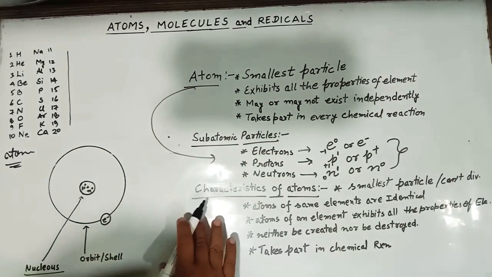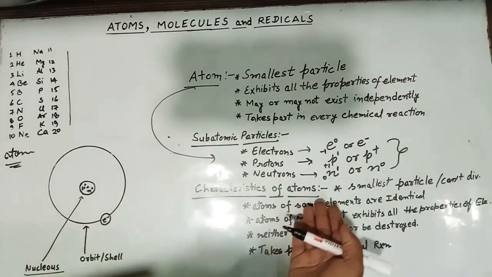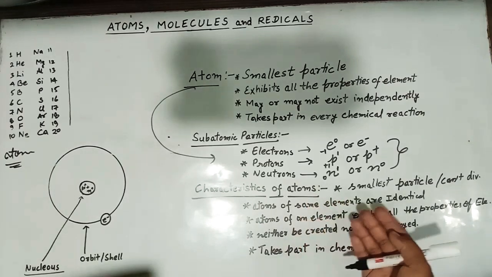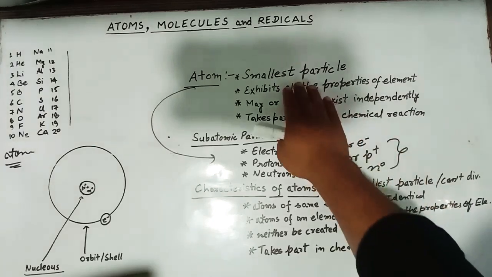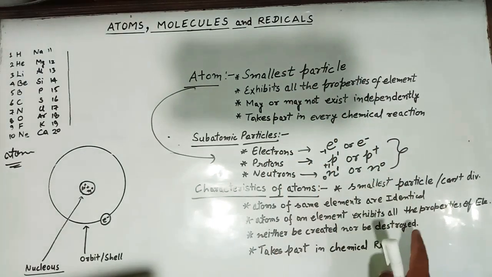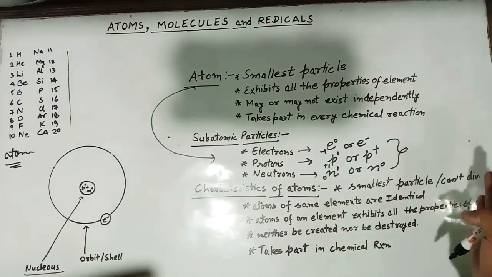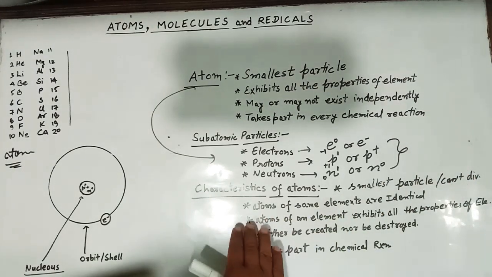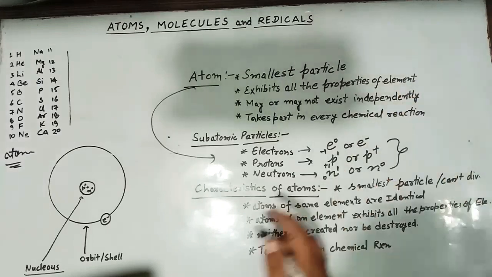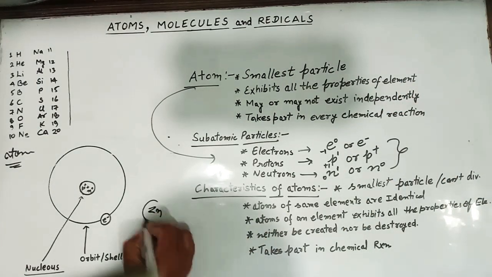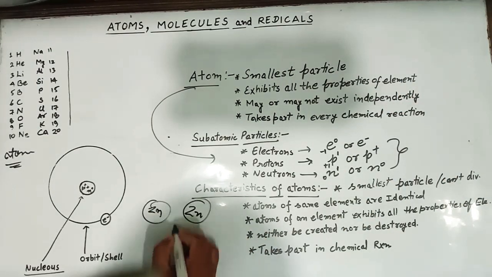Here are some characteristics of atoms which were given by John Dalton. So what are they? First, the atom is the smallest particle, same as we discussed, and we can't further divide the atom. Second, atoms of the same element are identical, like we have seen in zinc, all the atoms were the same, identical.